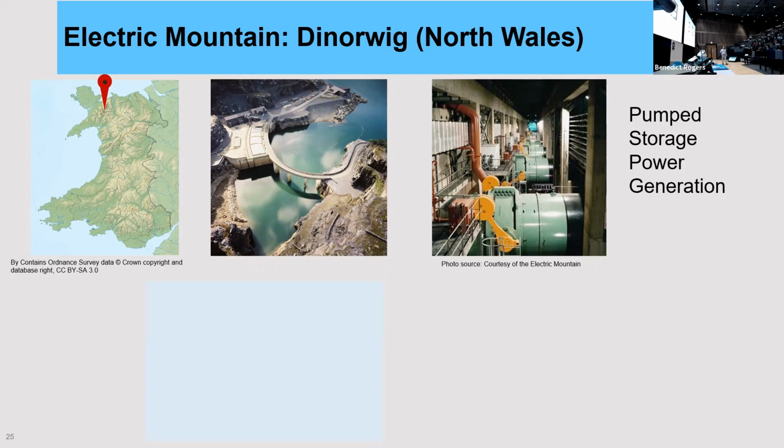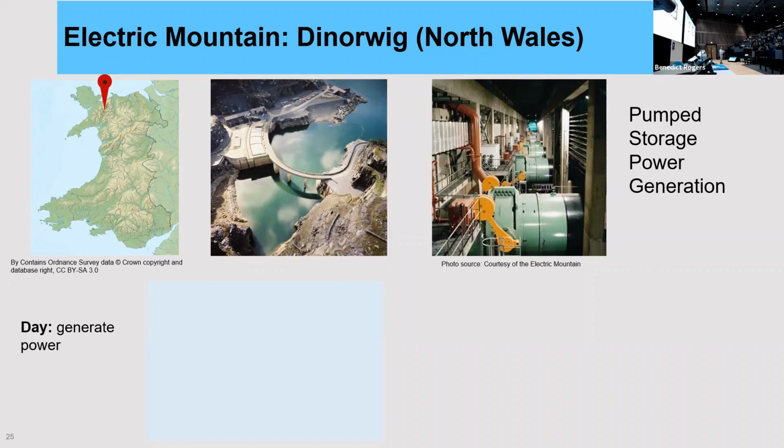It's a very mountainous region, so you've got a lot of rainfall into the reservoir. Here you can see the reservoir, and this is the building that houses the generators. And here you can see the massive generators. The fluid goes through these generators, these turbines, and creates the electricity.